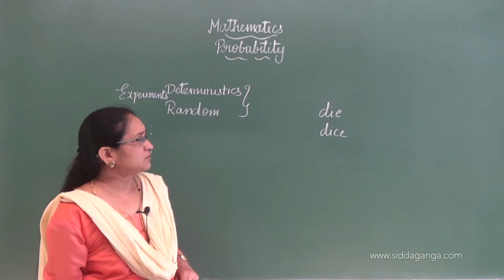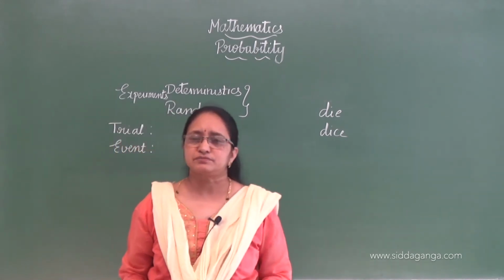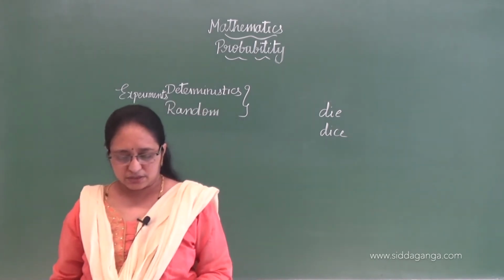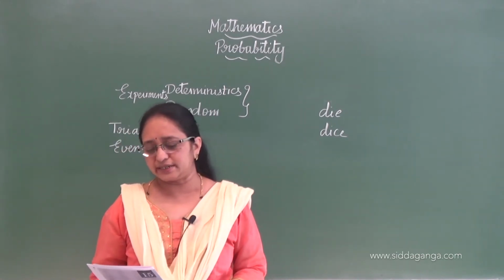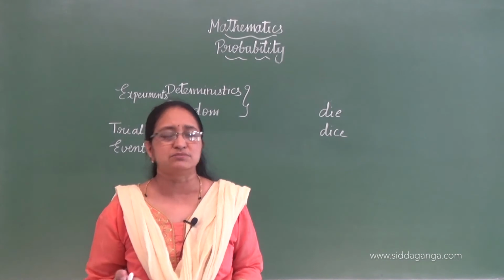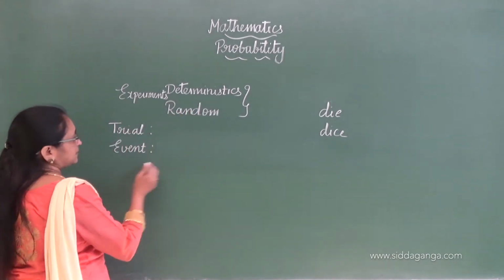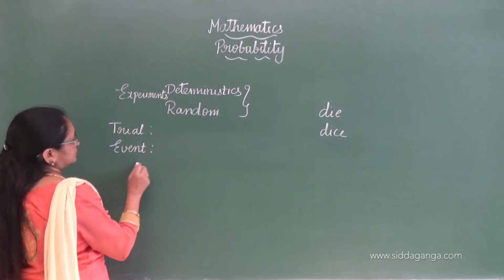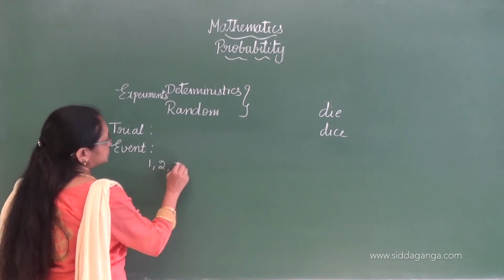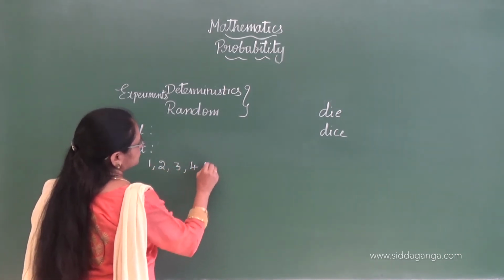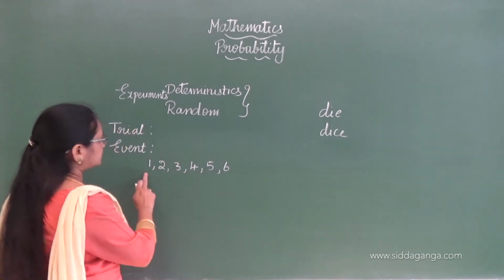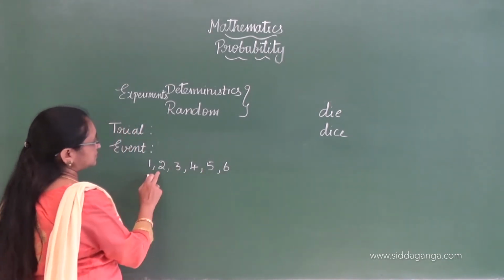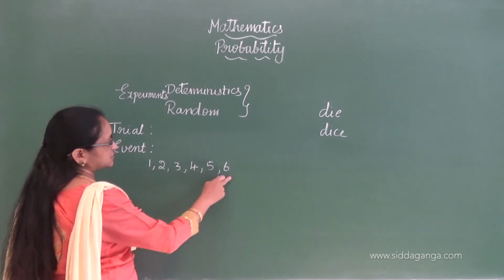Okay. Now when we roll a die, for example on tossing a die, the event of getting an odd number on the die. See for example 1, 2, 3, 4, 5, 6. When we roll a die, we will get these numbers: 1, 2, 3, 4, 5, 6.